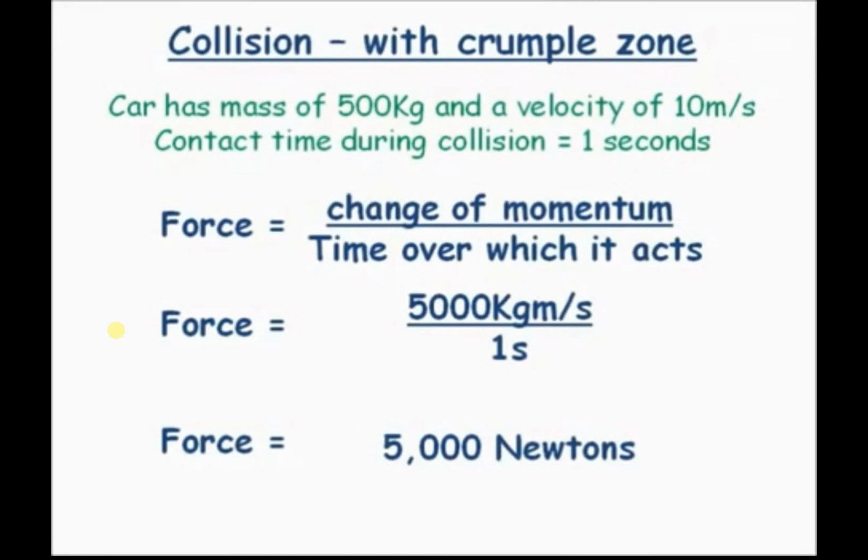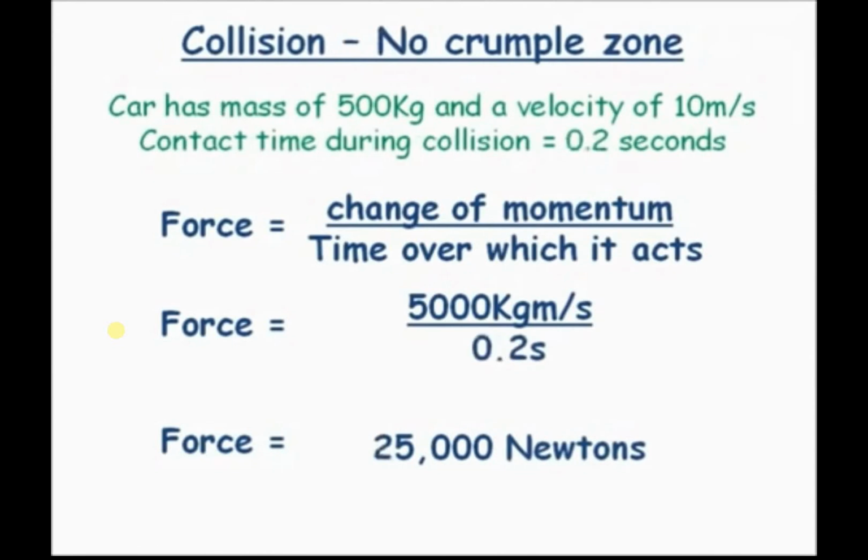So the car had a mass of 500 kilograms and a velocity of 10 meters per second. In the first collision, when the car had a crumple zone, the car and the wall were in contact for 1 second. So if we put those numbers into the formula, we can see we get a force of 5,000 newtons. Now let's look at the second collision. In this one, the car had no crumple zone.